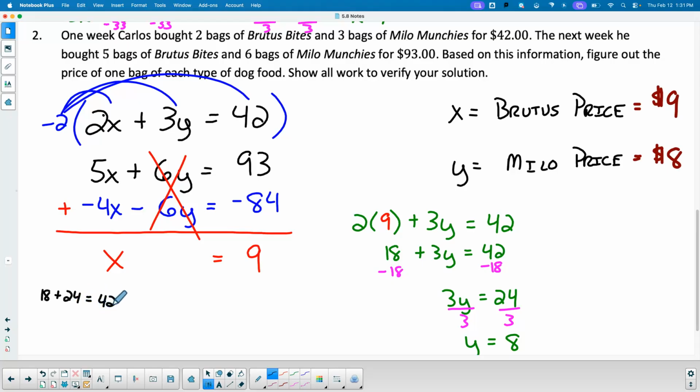That's how much he spent the first week. 5 bags at $9 a bag, 45. 6 bags at $8 a bag, $48. 45 plus 48 is 93. That's how much he spent.